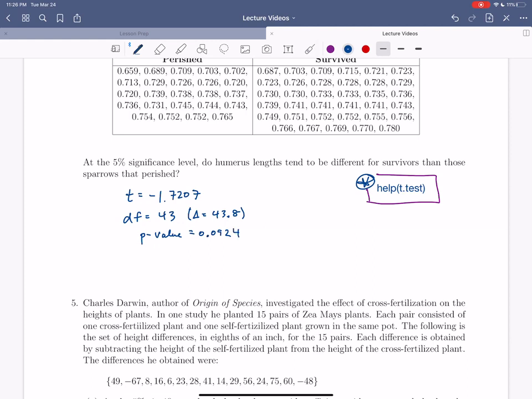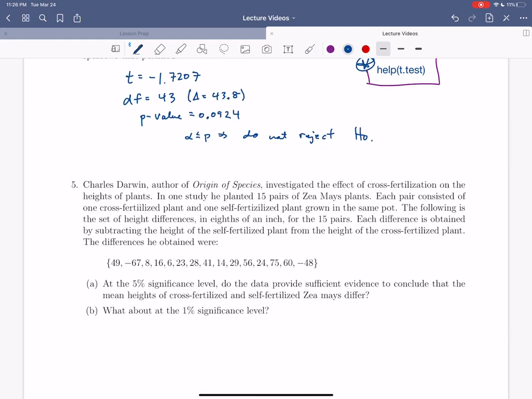And we want to know at the 5% significance level, do we reject or not? Since our p-value is greater than alpha, in other words, since our alpha is less than or equal to p, that means that we do not reject. Okay, we do not reject the null hypothesis. Okay, and we're done with that.